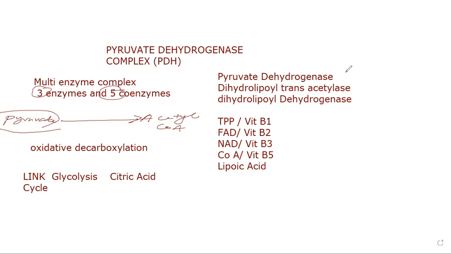The 3 enzymes are pyruvate dehydrogenase, dihydrolipoyl transacetylase, and dihydrolipoyl dehydrogenase. The 5 coenzymes present in the PDH are TPP, which is also vitamin B1, FAD, also called vitamin B2, NAD, also vitamin B3, coenzyme A, vitamin B5, and lipoic acid. So these are the 5 coenzymes present in the pyruvate dehydrogenase complex.